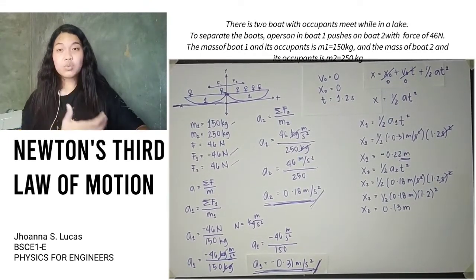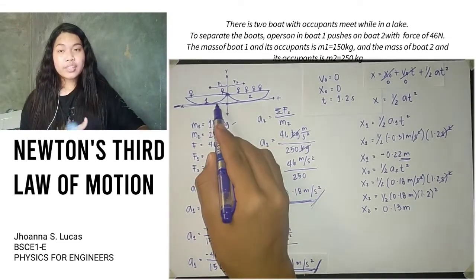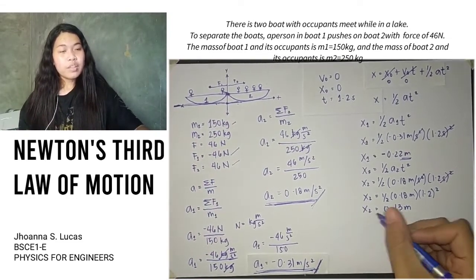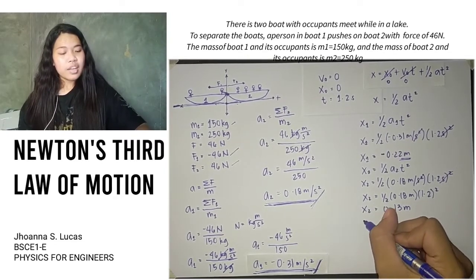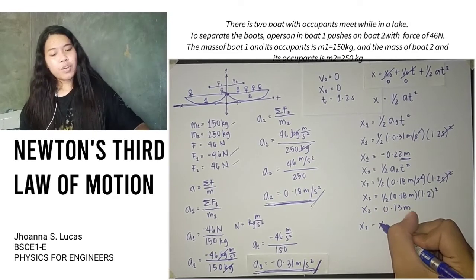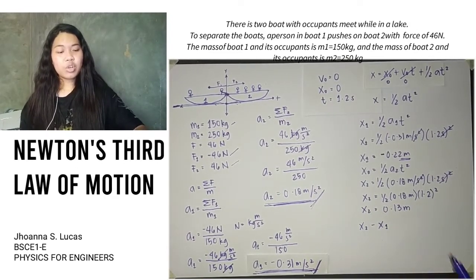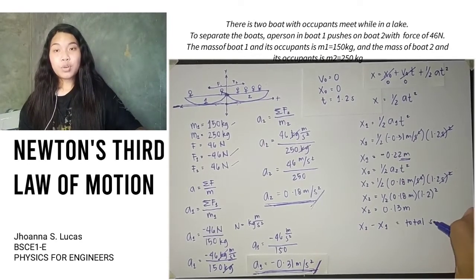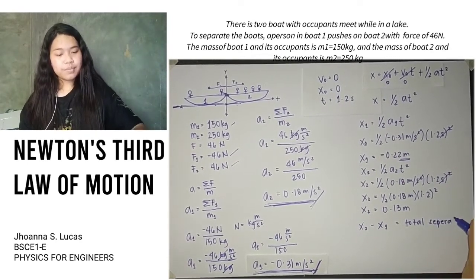So for us to find the total separation of the boats, we will subtract x sub 2 minus x sub 1 for us to get the total separation of the boats after 1.2 seconds of pushing.